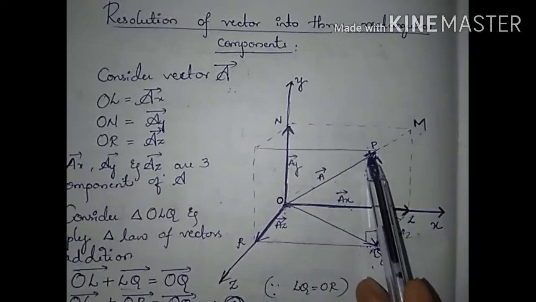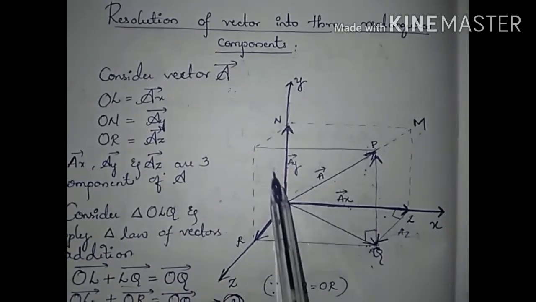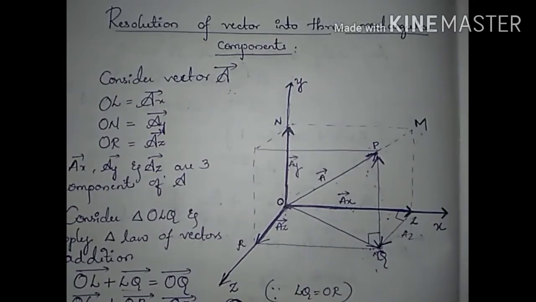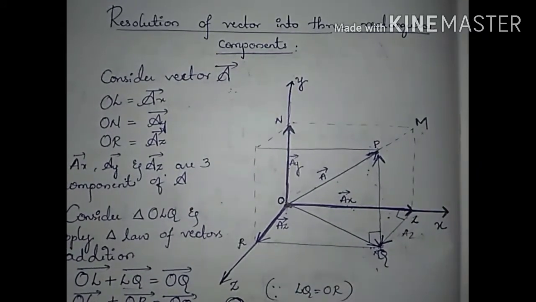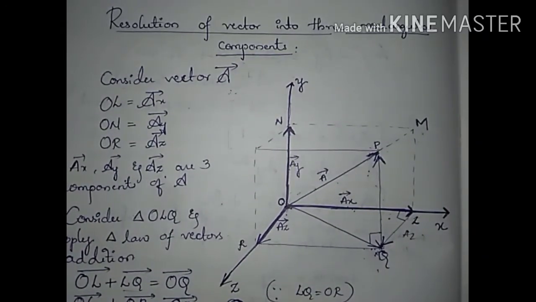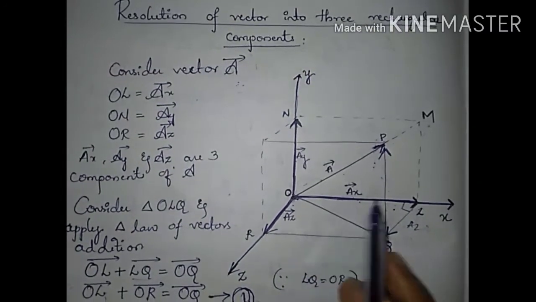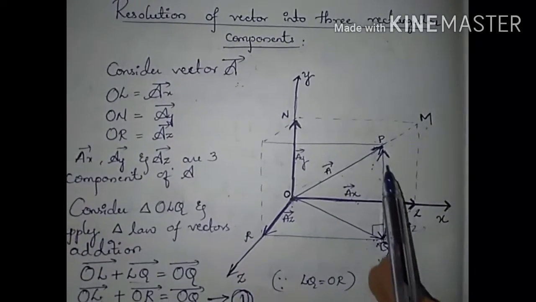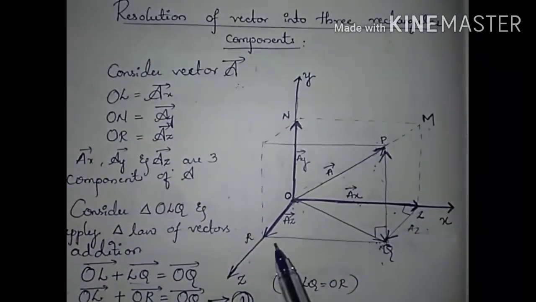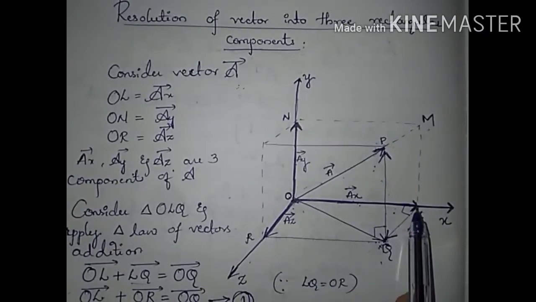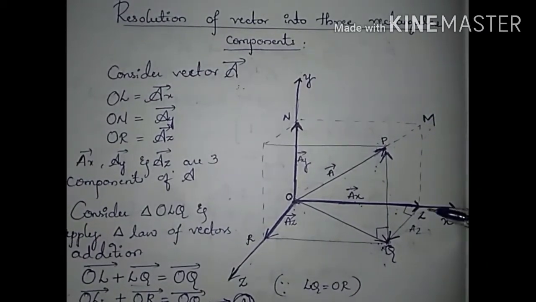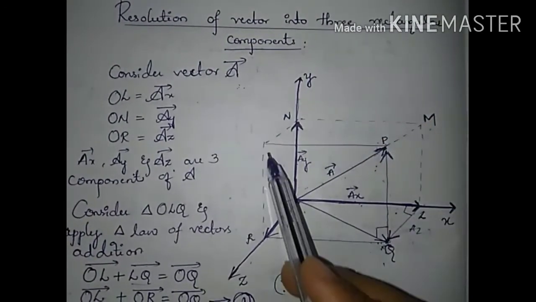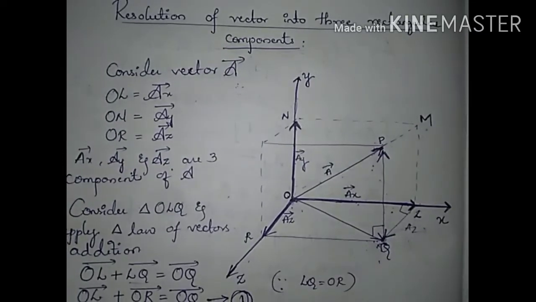So we have a vector A and the components are drawn in a rectangular fashion. These three components are perpendicular to each other. After drawing this, we have to draw the rectangular box such that these lines are parallel to the axes.